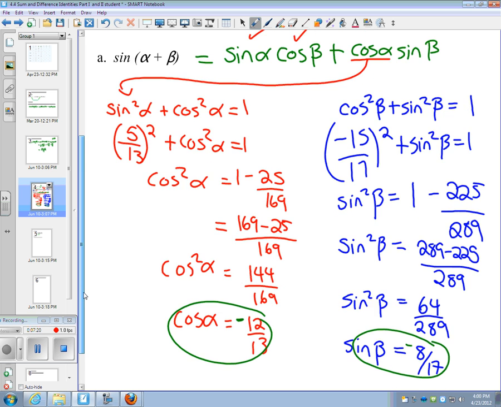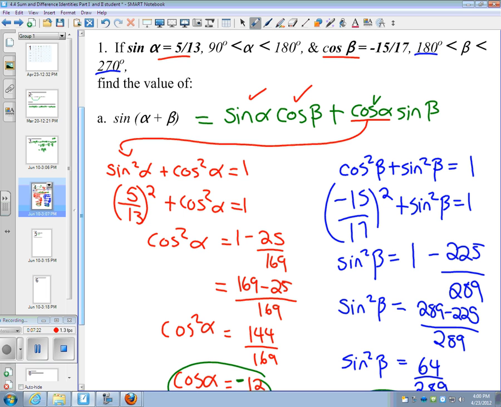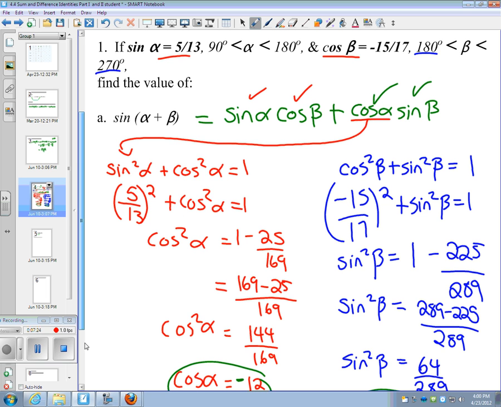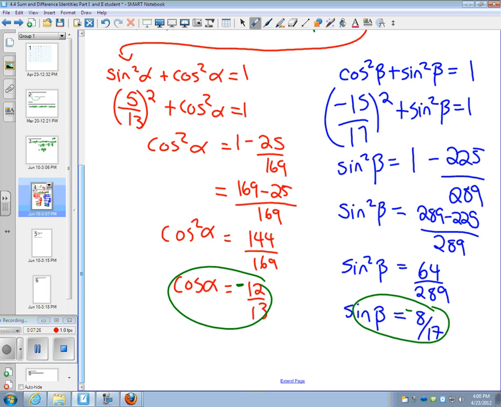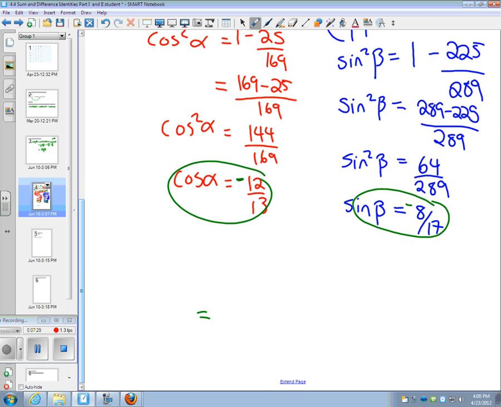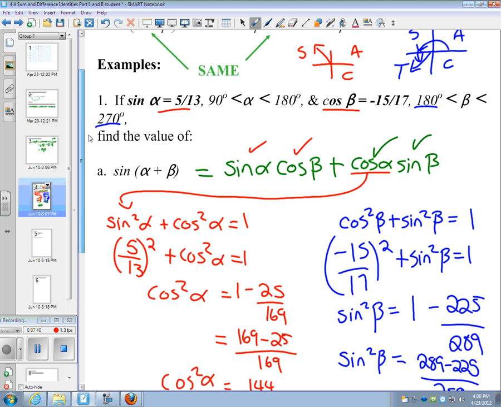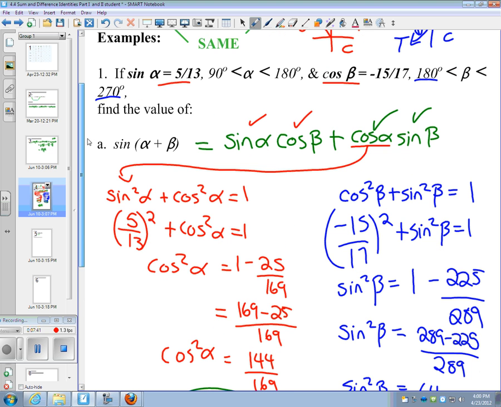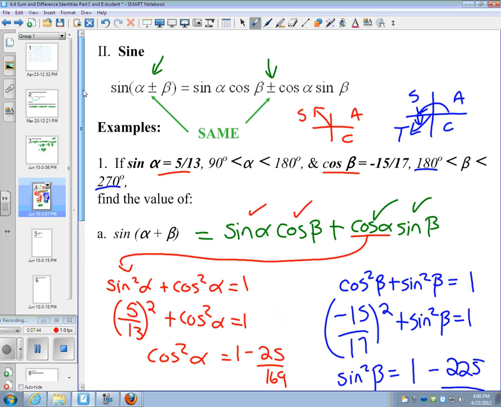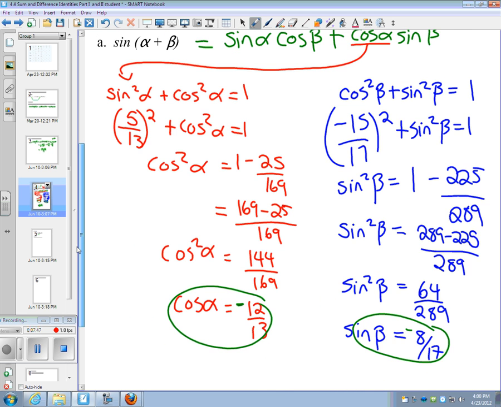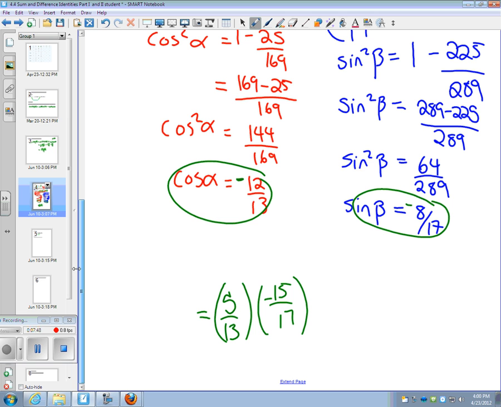Because we know this and we know that, we can sub it in. So subbing in, I get 5/13 times negative 15/17. And then what was that sign in between? Oh, I had a plus, because whenever we do sine, it's the same. And nothing I have to memorize. This is something that I just have on my formula sheet.